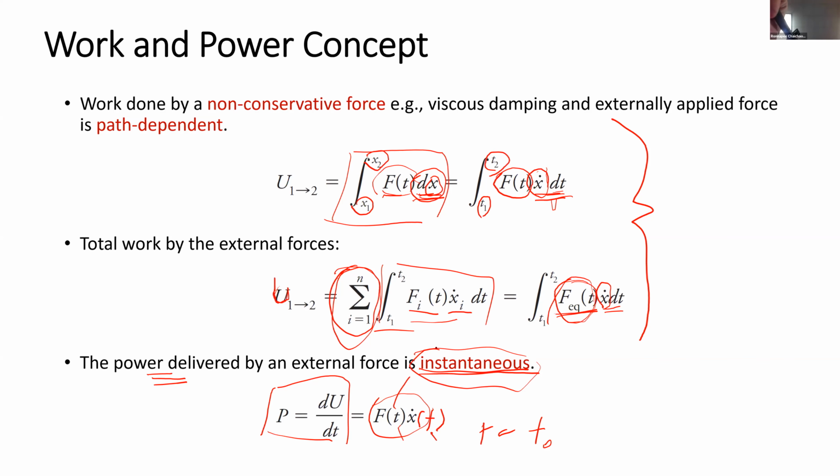The power is equal to the first time derivative of the work by dt, and the work function is this.